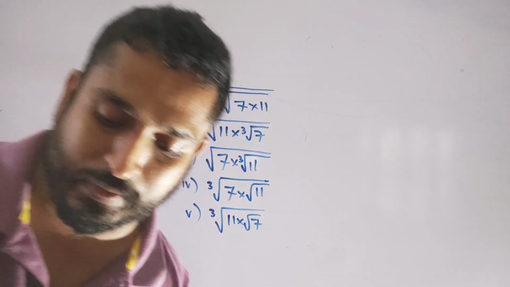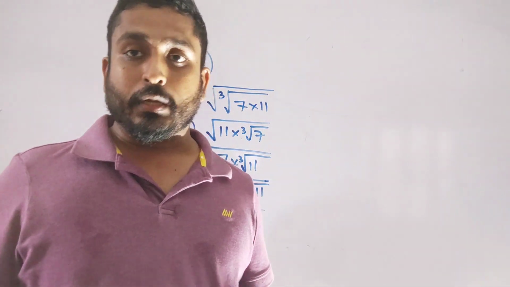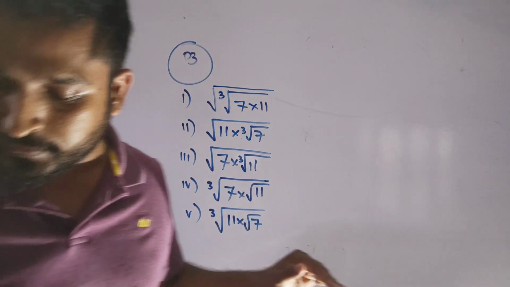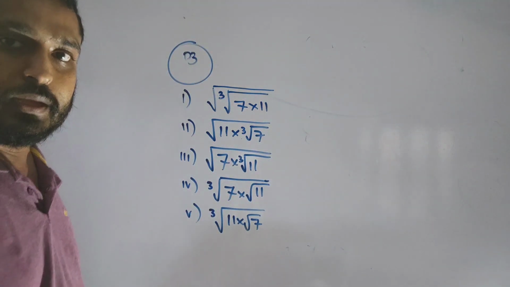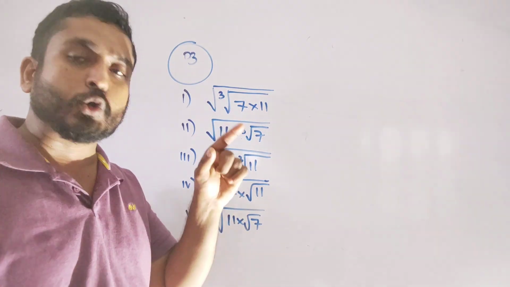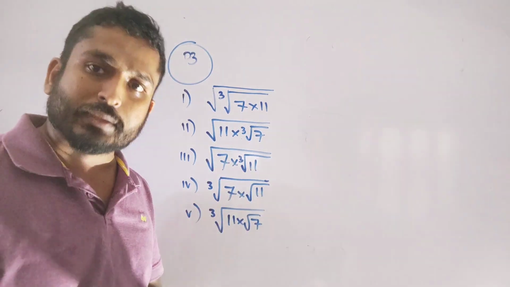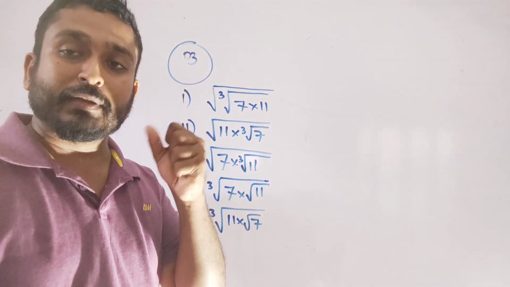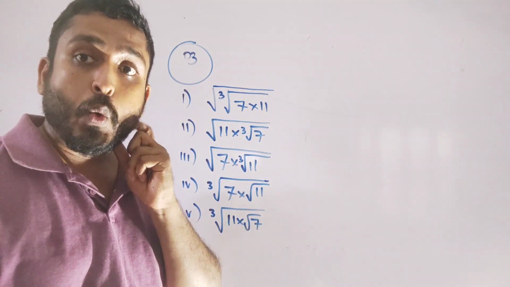So I've written down all the answers here. Now we have to compare these 5 to find the largest. By the way, before comparing, we have to get rid of these surds. When you have the root, if it is square root, it is to the power half. If it is cubic root, it is to the power 1 by 3.